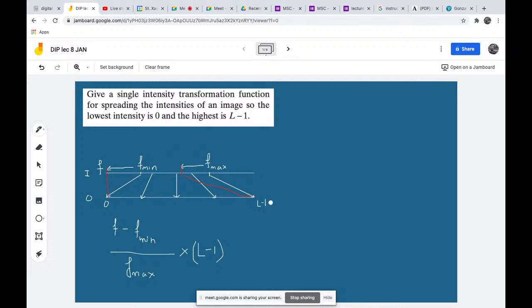That means the ratio of this to this. So that should solve the problem, because this will be shifted somewhere here and this value should be scaled to L minus 1.